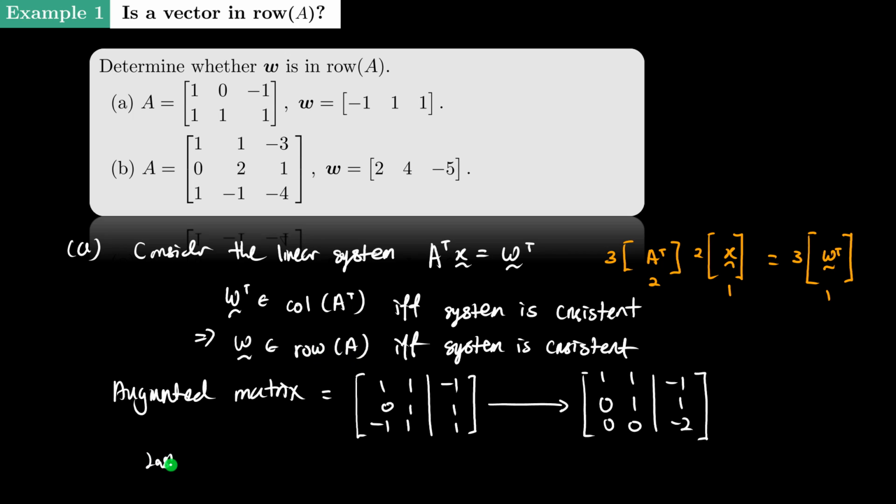So we say the last row shows that the system is inconsistent.